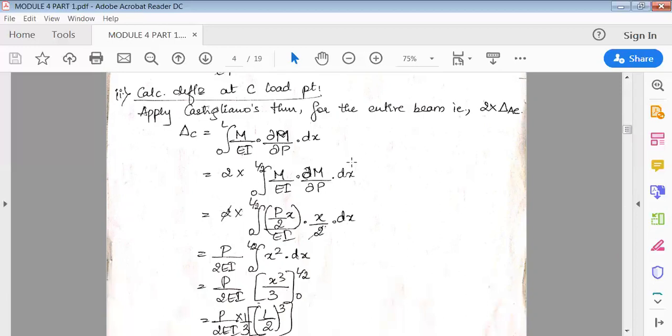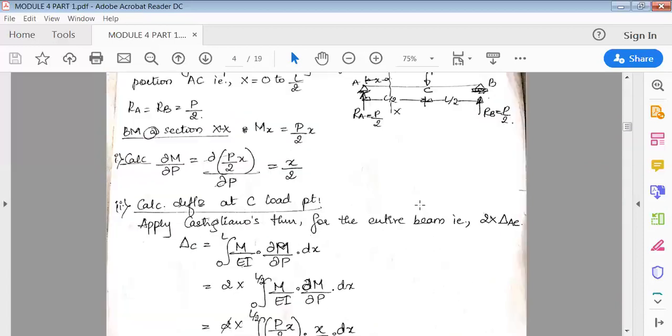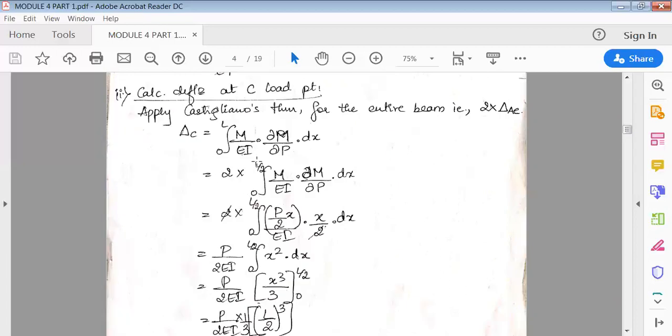Because it is used for the entire beam, I'll multiply this 2 times. So 2 into integration 0 to, okay, now let's check the limit because it is only AC. AC span is L by 2. It is 0 to L by 2 of M over EI into ∂M by ∂P into dx.